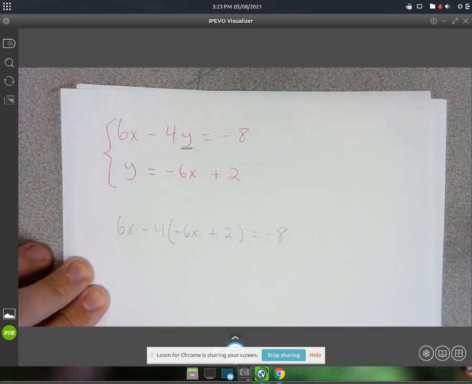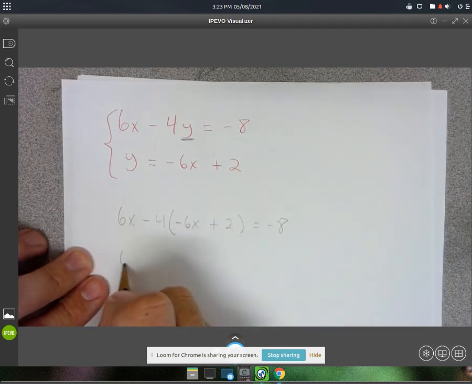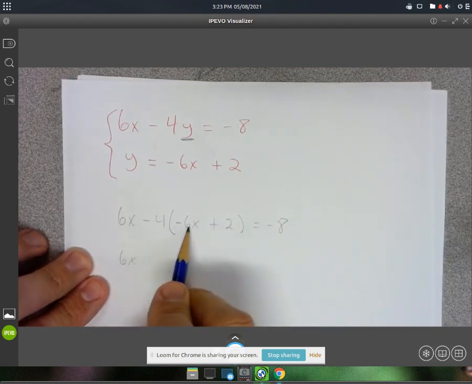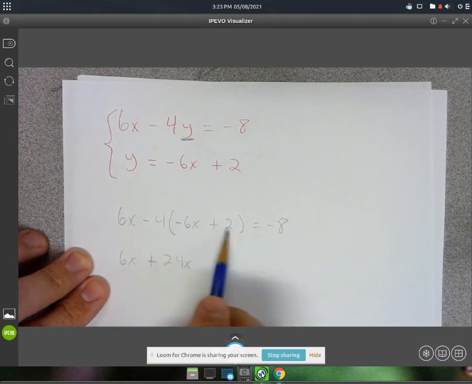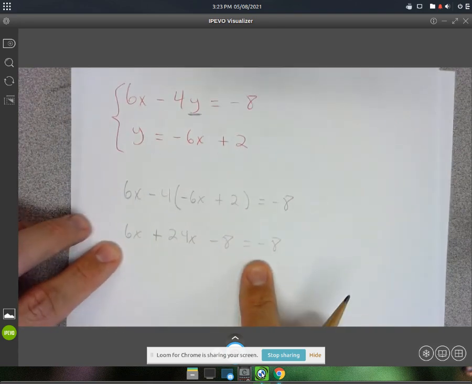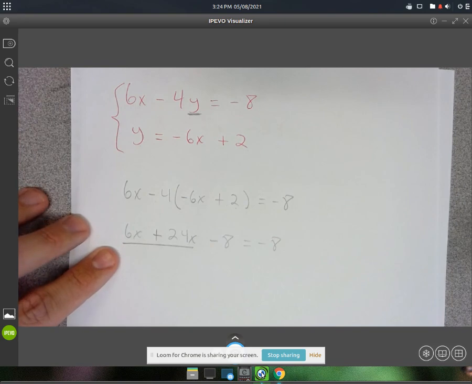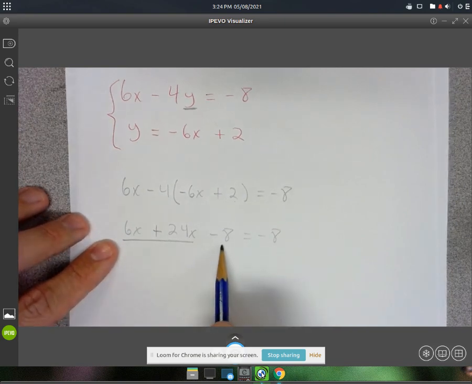All right, we'll distribute our negative 4. We get 6x. It's a negative 4 and a negative 6, so that'll make plus 24x. Negative 4 and a positive 2, that'll make a negative 8. Okay, and we're going to solve this for x. This is going to be a 30x right there, and we want to go ahead and move our regular number to the other side.